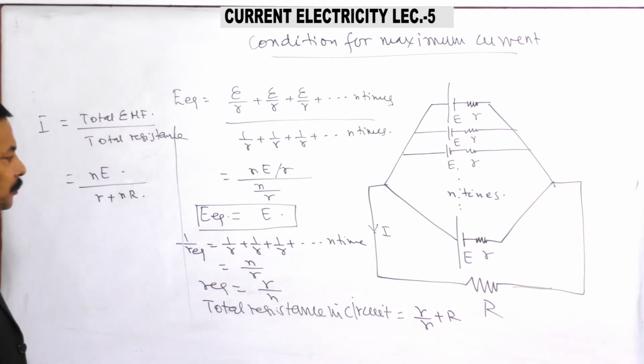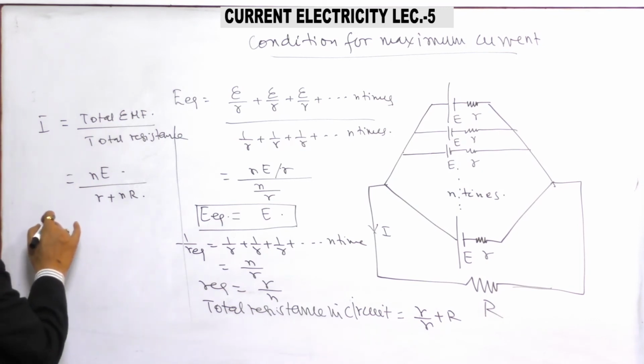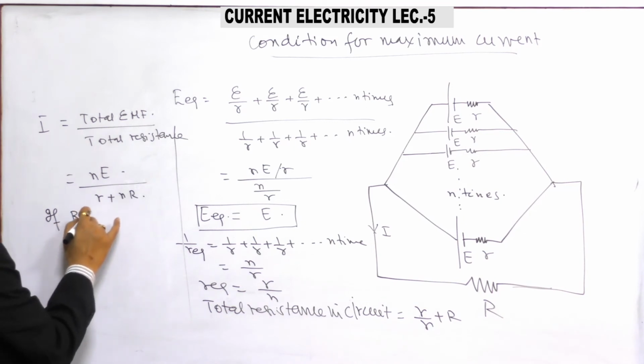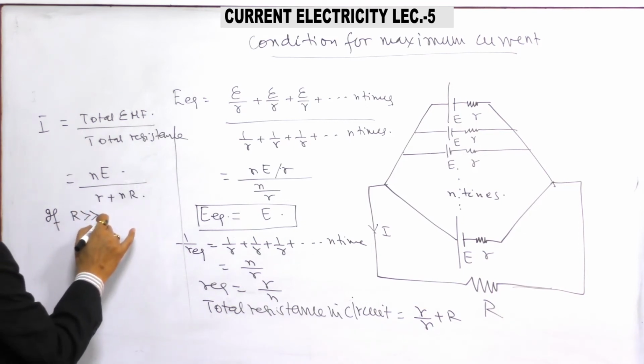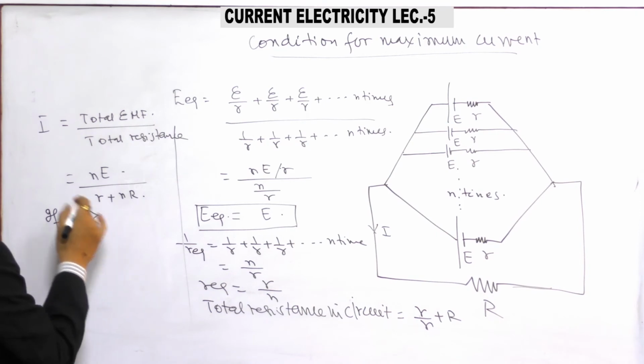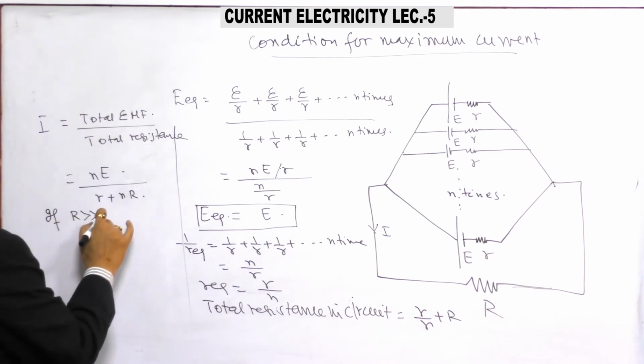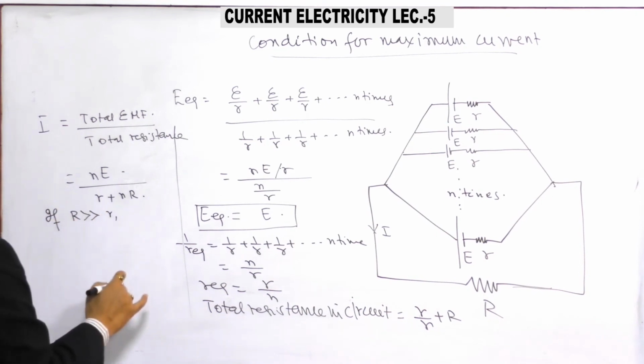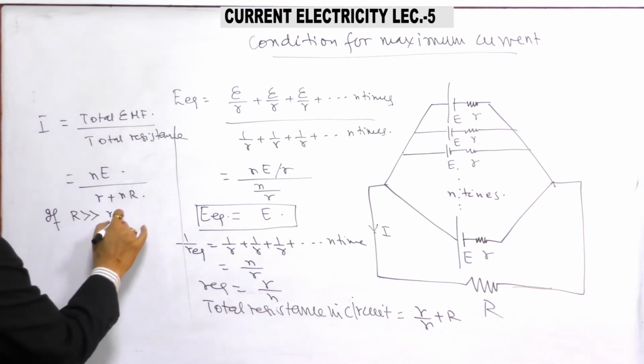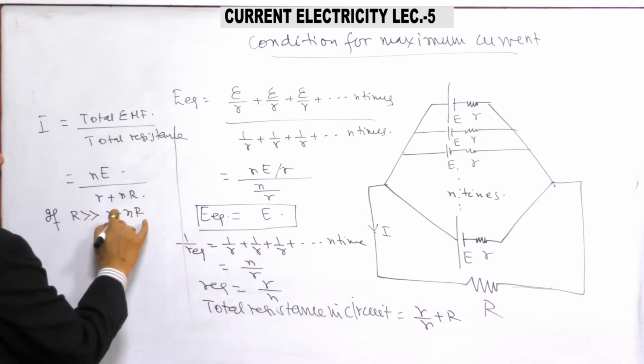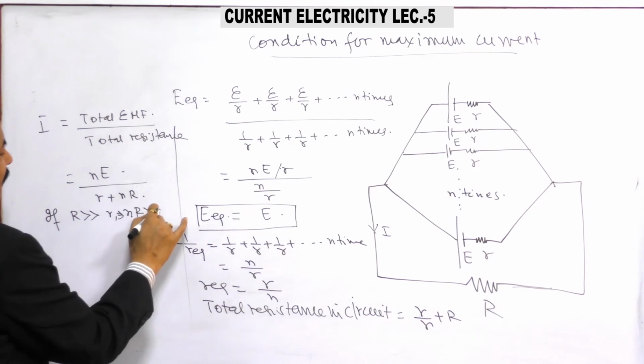Now you see, if R is greater than the internal resistance r, that means R is greater than r by n.